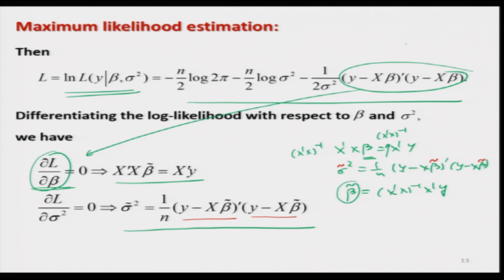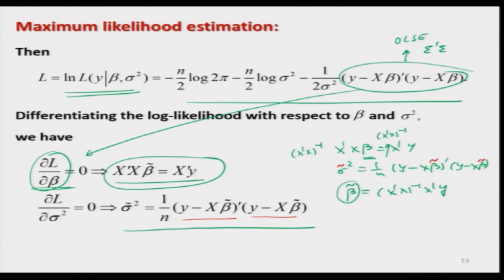Now, do you recall what that function was when you were considering ordinary least square estimation? This was the same as epsilon transpose epsilon, and that is why you are trying to minimize this function, and that is why you are getting a normal equation which is the same as the normal equation that you had obtained in the case of least square estimation.